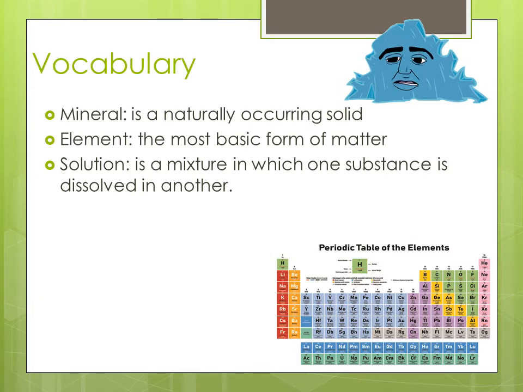Now, the sugar is a solid. Right? It comes in those little grains of sugar. If you put the sugar in the coffee, those grains of sugar are going to break down. They're going to dissolve in the coffee and become one. So that's the best example of a solution I can provide for you, given the situation.